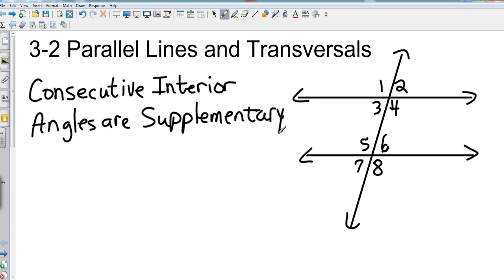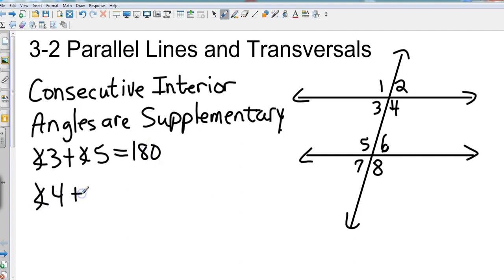Okay, so our consecutive interiors are supplementary. So angle 3 plus angle 5 equals 180 degrees. And angle 4 plus angle 6 equals 180 degrees.